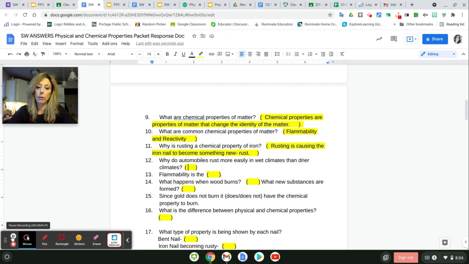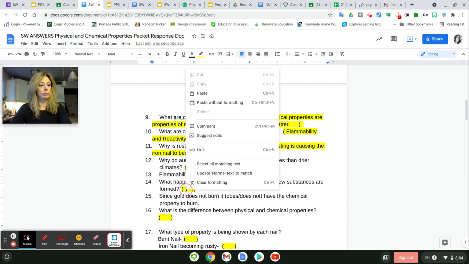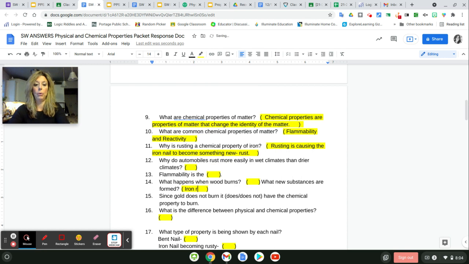Okay, so why do automobiles rust more easily in wet climates than drier climates? So in wet climates, iron rusts more easily in wet climates because we need water for this to happen.